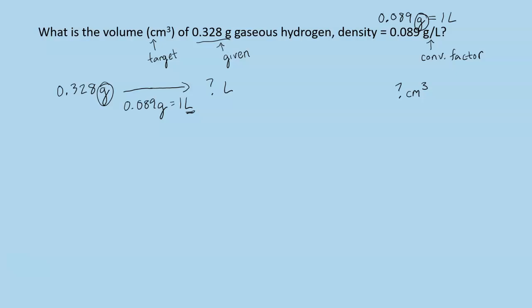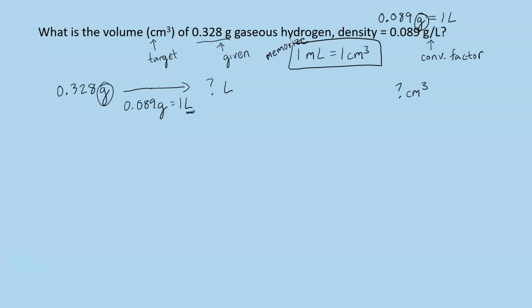And so here's where that memorization comes in. I need to know the following: that 1 milliliter is equal to 1 centimeter cubed. Again, ask your instructor, but many times they will want you to have this memorized. So make sure to memorize that 1 milliliter is equal to 1 centimeter cubed.